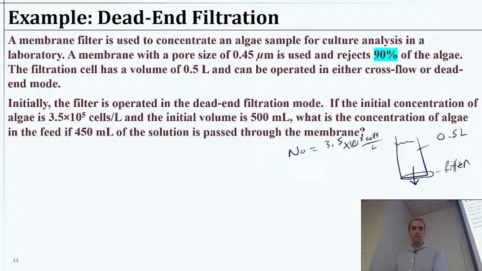That's half a liter. What is the concentration of algae in the feed if 450 milliliters of solution is passed through the membrane? Now, note that we are rejecting 90% of the algae that was given, and that means 10% will make it through the membrane when we filter that water, and then we're left with 50 milliliters of water, right?